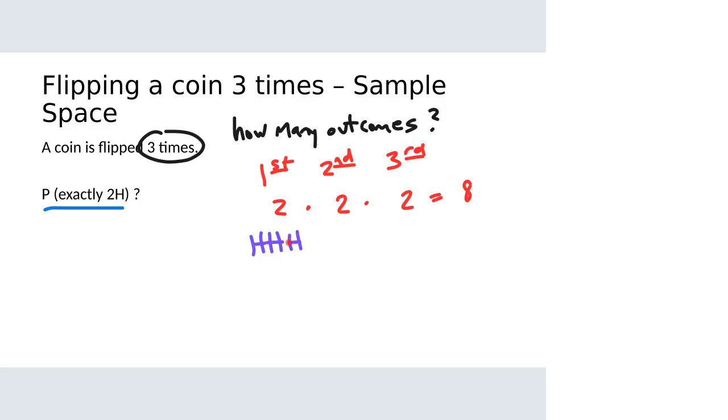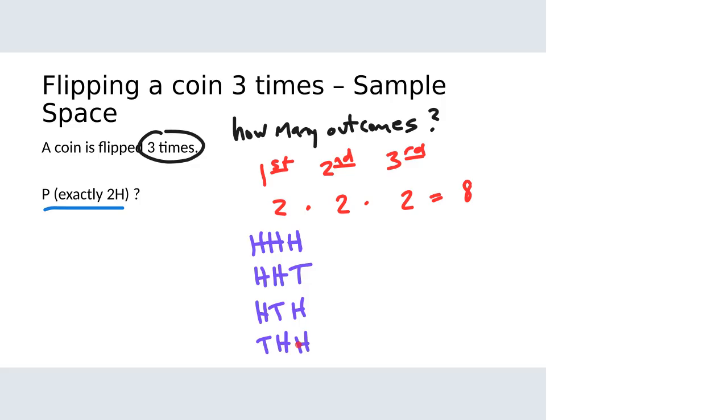And then what if they aren't all heads? What if there's one of them that's tails? Okay, I'm going to put the tails in the third spot. And what if the one of them that's tails is in the middle? And what if the one of them that's tails happens first? Okay, that's all the ways we could get one tails.